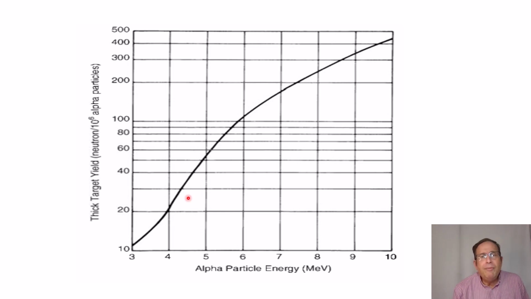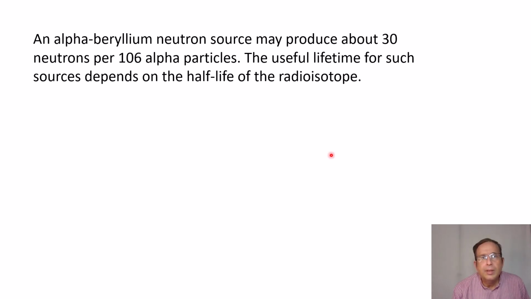So you can see here alpha particle energy versus the neutron yield. And from this graph, you can see higher is the energy of the alpha particle, higher is the neutron yield in the case. So an alpha beryllium neutron source may produce about 30 neutrons per 10^6 alpha particles.